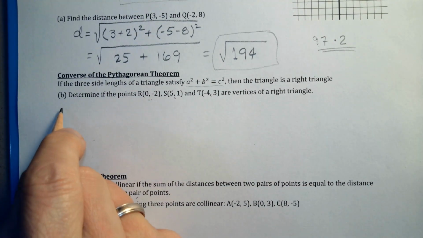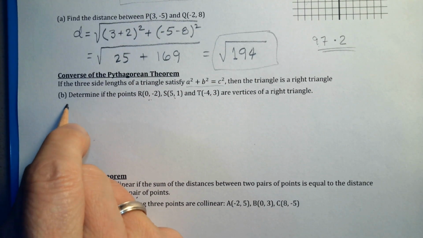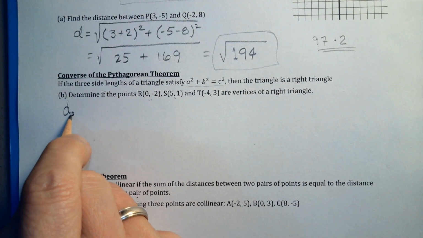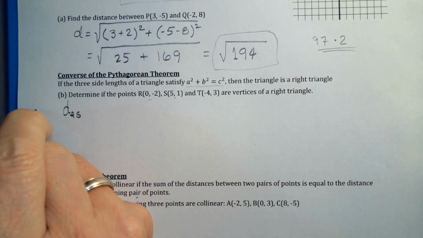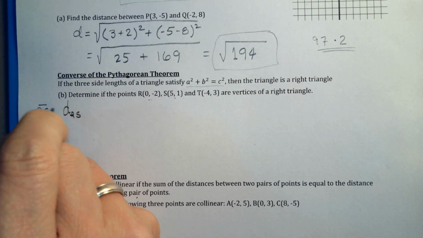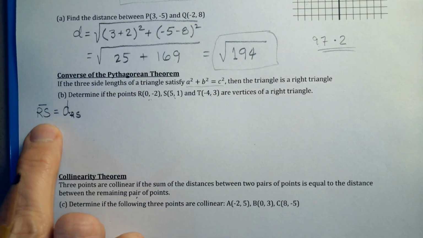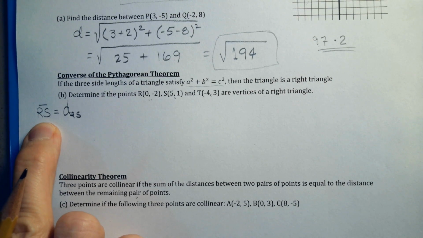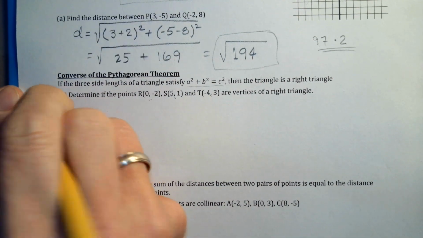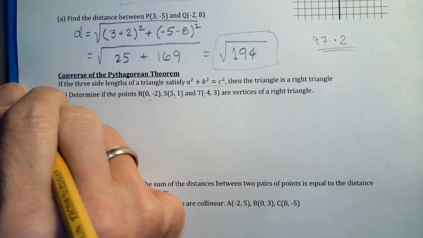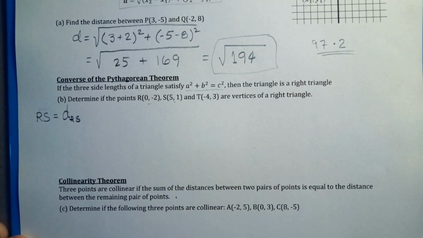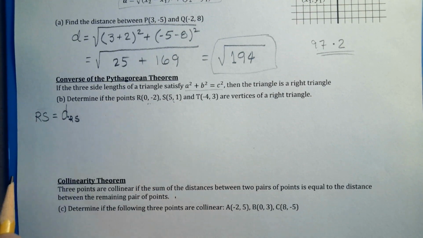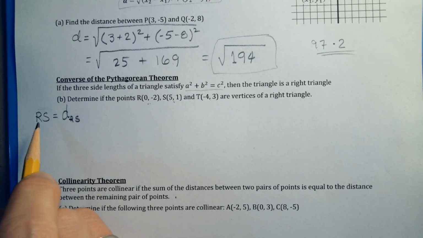So let's start with, I'm going to call it D, distance, and then a subscript RS. So the distance between RS, we could just call this RS like that. In geometry, I guess we just say RS, which represents the length of the side. The symbol up above means the segment, and this means the length of the segment.